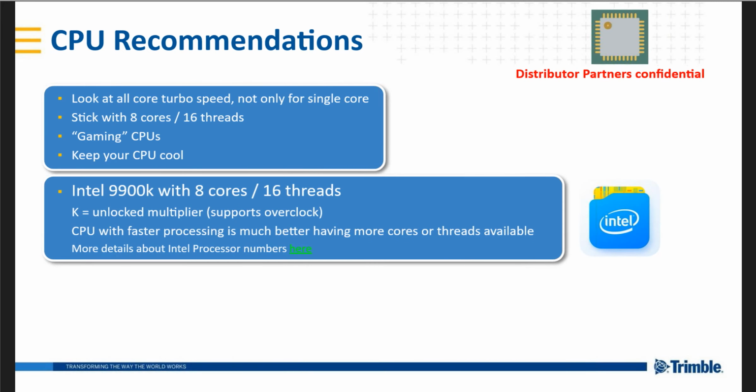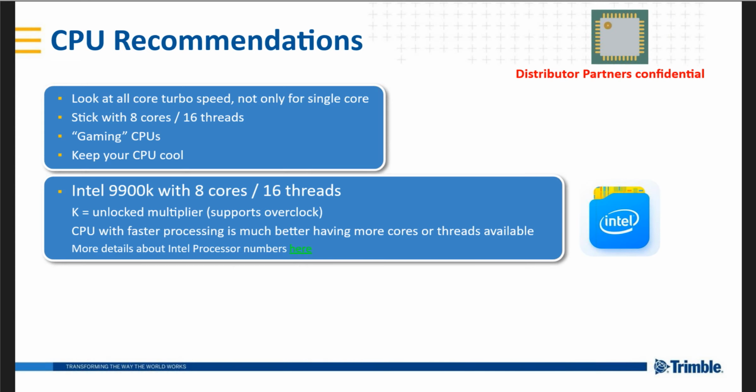On the recommendation side, as you might know, there are different brands available. We picked 2 of the major ones. First of all, Intel. In that case, we selected the Intel 9900K with 8 cores and 16 threads.